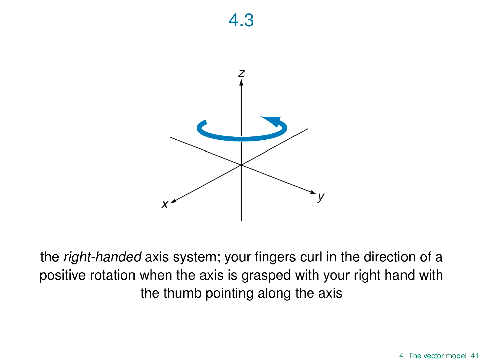Unfortunately, the sense of rotation matters quite a lot in NMR experiments. You may think it's a bit fussy, but we do need to be consistent about this. So if you have a positive rotation about the x-axis, you grasp the x-axis and your fingers curl like this, and you'll see that will take you from Z to minus Y. This is consistently the convention we're going to use.